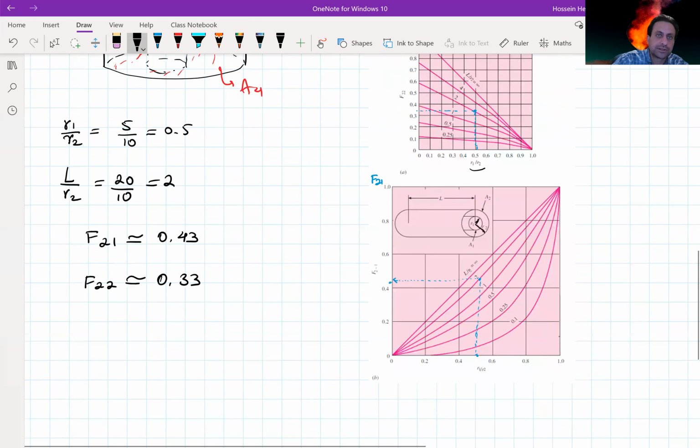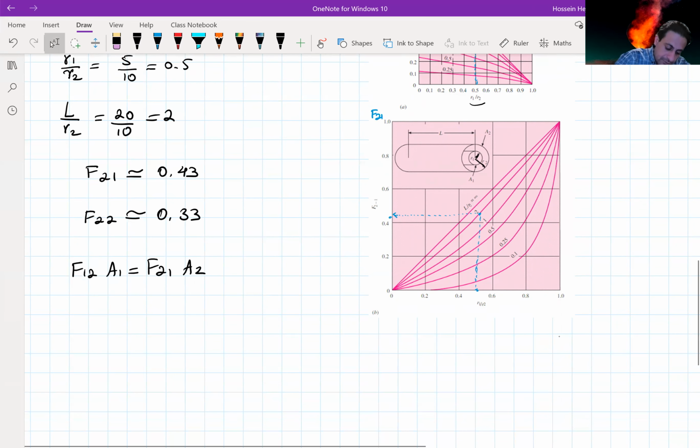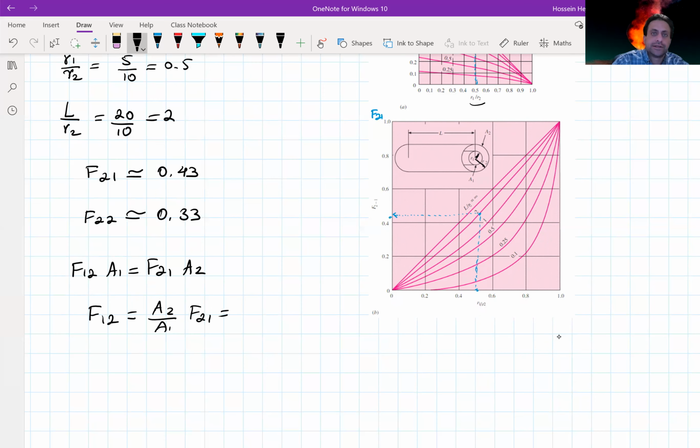But we have these two other surfaces that we need to find. Let's use other things that we have here. We know that F12 A1 is equal to F21 A2. So I can find F12, which is going to be A2 over A1 times F21. Now the area of the cylinder is 2 pi r2 L over 2 pi r1 L, times F21.